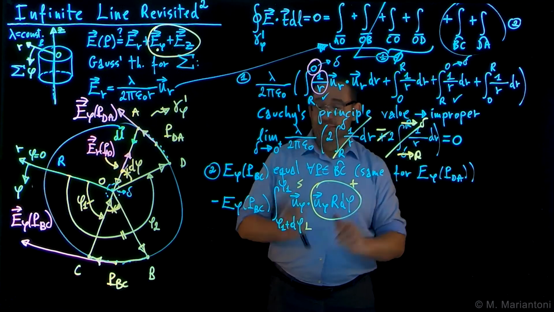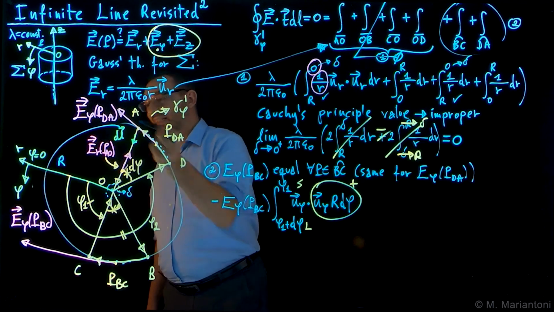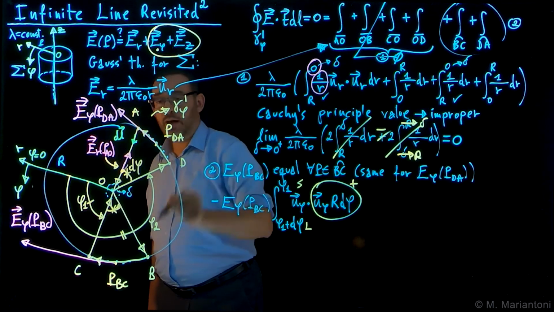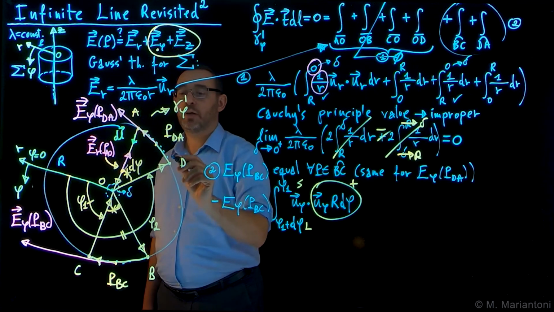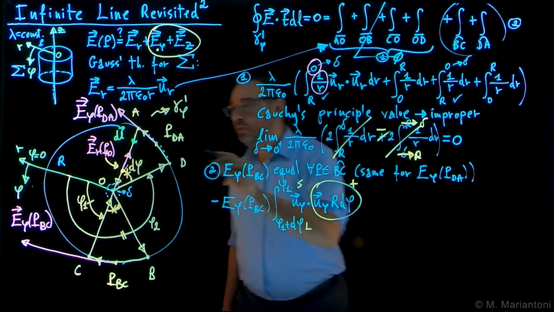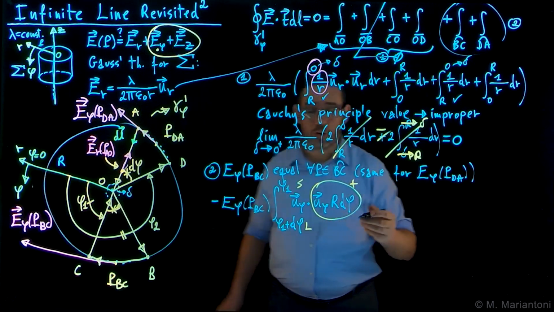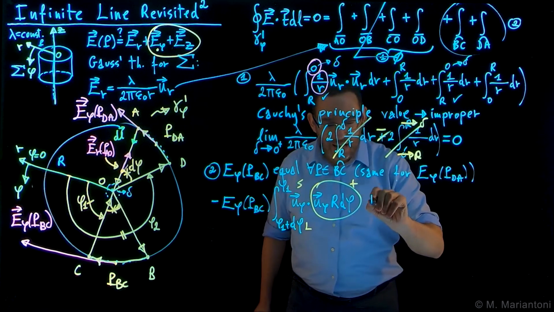Okay. Similarly, for E var phi at P DA, now we are going in the same direction of var phi, okay? And we're going from small to large. Note that E var phi at P DA goes in the same direction of var phi, therefore we don't have a minus sign, we have a plus sign.